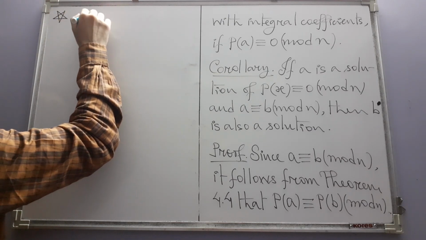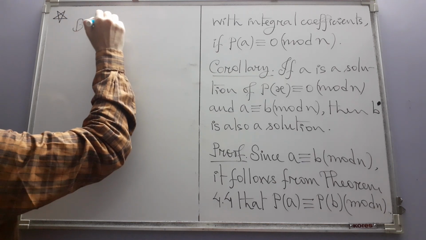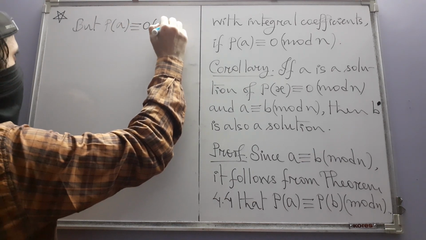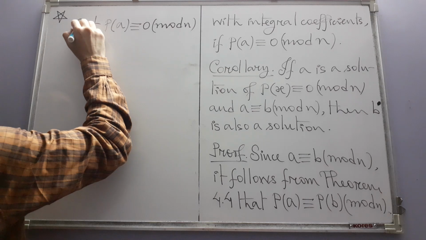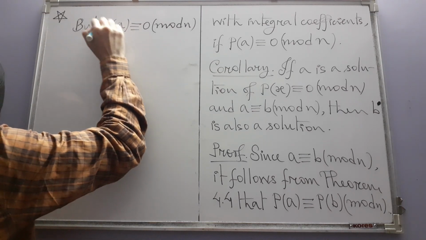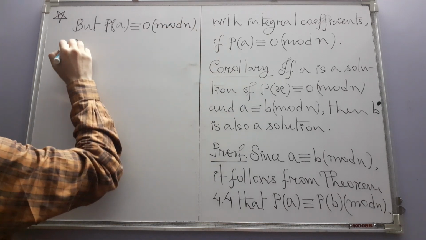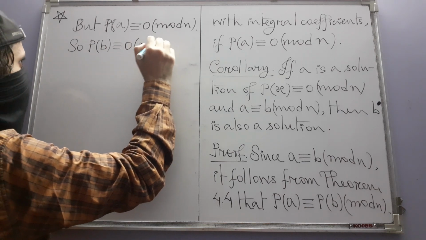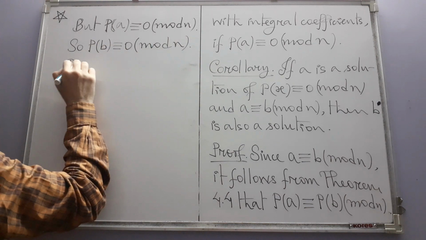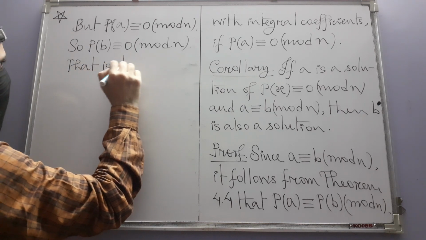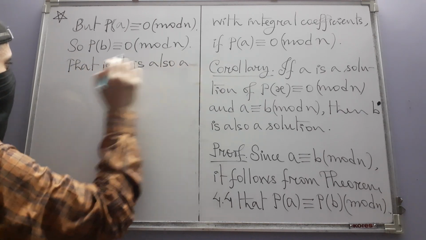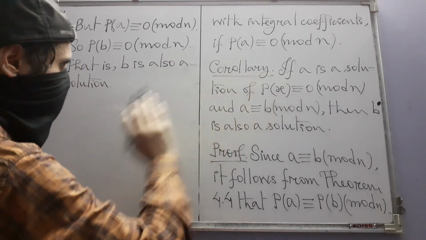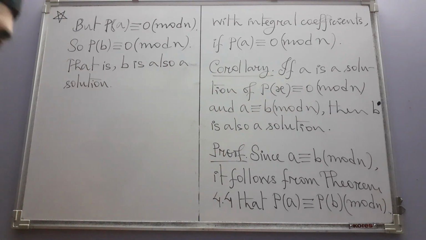So P of b is also congruent to 0 mod n, that is, b is also a solution of our original congruence. Okay, so that is the proof of the corollary.